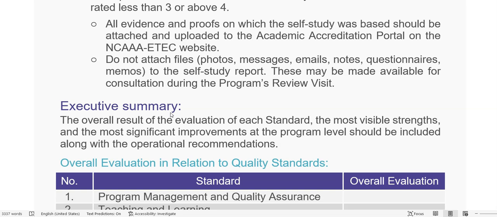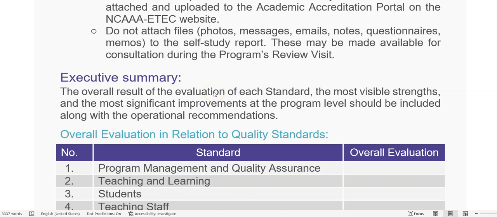If you have something like big photos or emails that you think is important as proof, you can leave it for the review panel when they visit your university and show them directly. So you will see that there are no photos, emails, messages, notes, or questionnaires inside the SSRP or on the portal. So you have to take this into account.